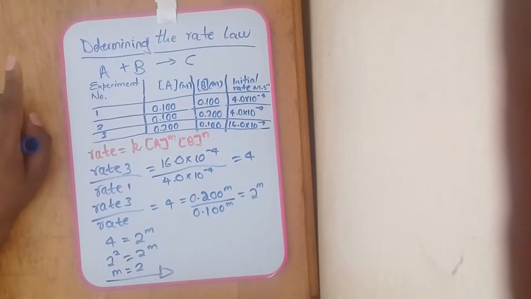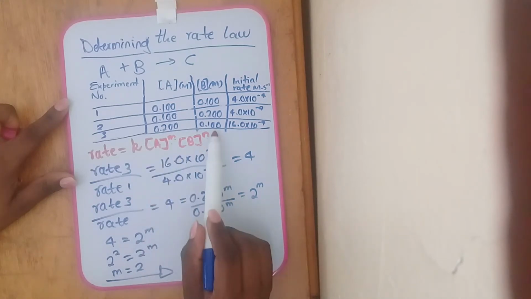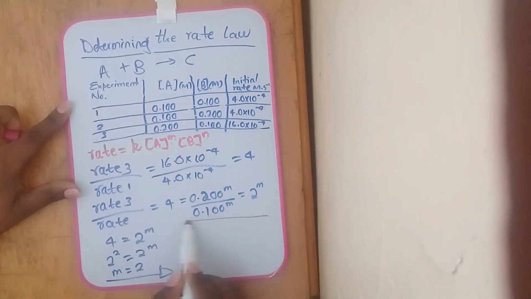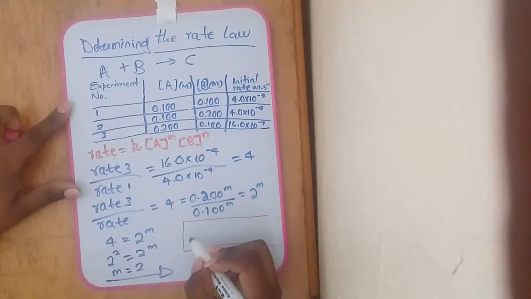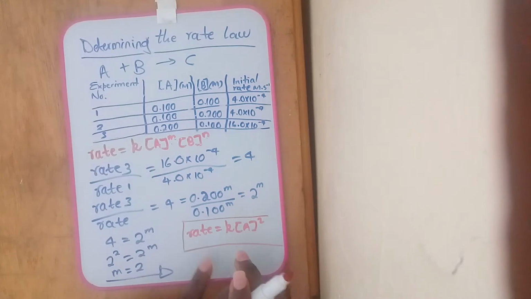Our rate law will then be, because n will be 0 and m will be 2, so the B term will just be 1, since anything raised to the power 0 is 1. So our rate law for this reaction is rate equals k times the concentration of A squared. So it is a second order reaction.